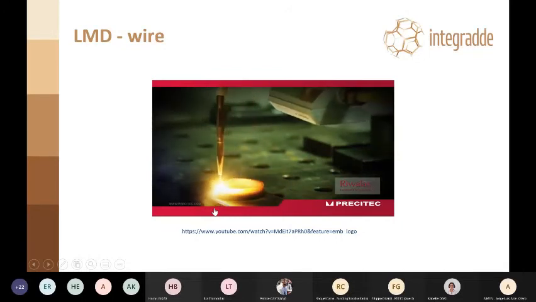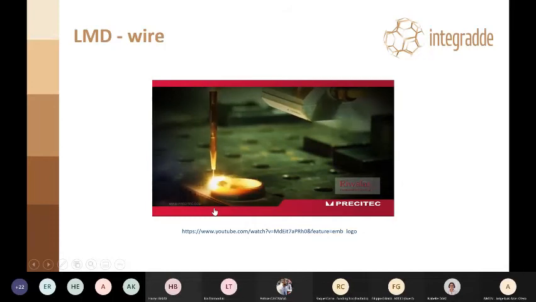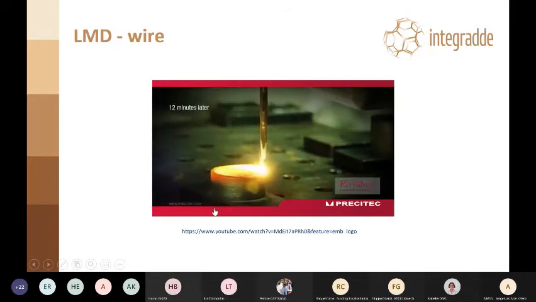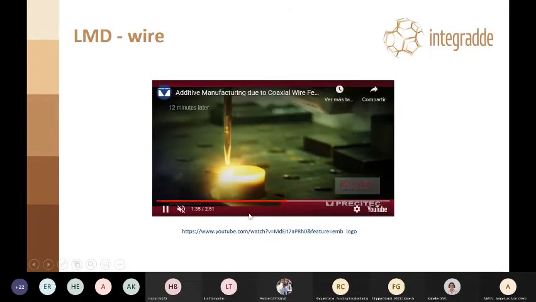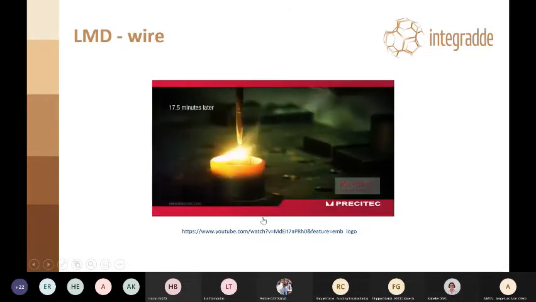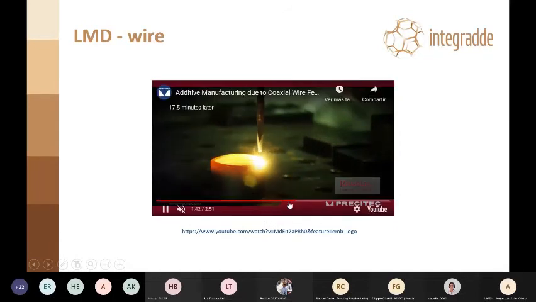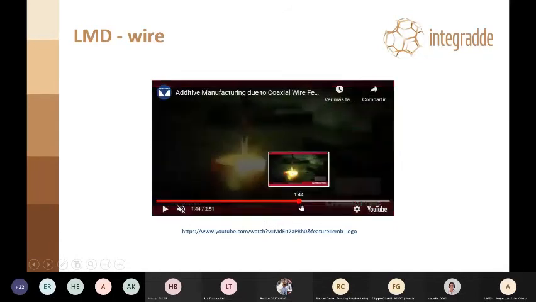You can see how it produced the cylindrical part after several minutes.